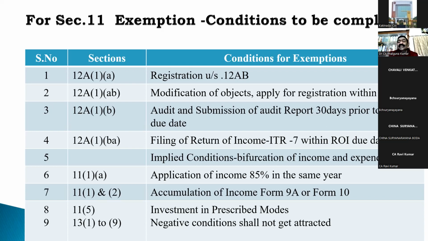For example, if a trustee has donated private company shares to a public trust, then within 1 year from the end of the financial year in which the trust receives these shares, it must 100% try to satisfy this. It sells these private shares somehow or other. They are not quoted, not freely transferable, but it must use its power and convert them to fall into a section 11(5) approved mode.